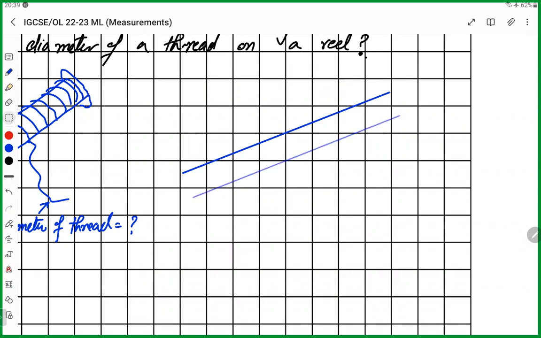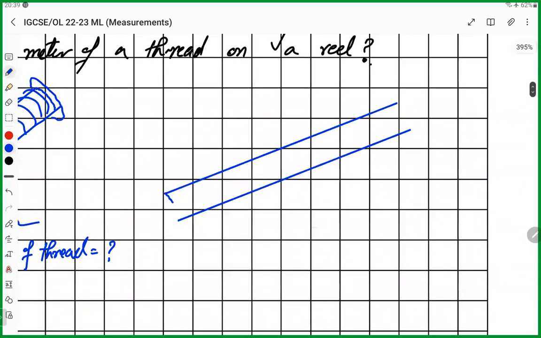You can use any uniform stick, but a pencil normally makes more sense to the students.